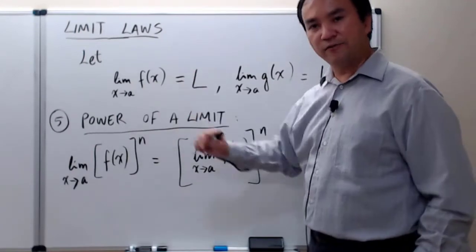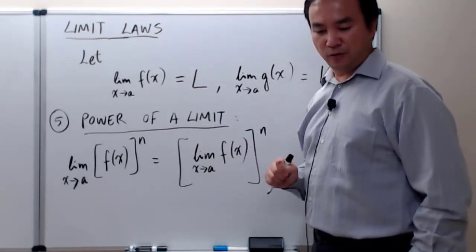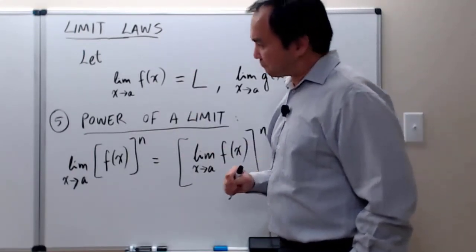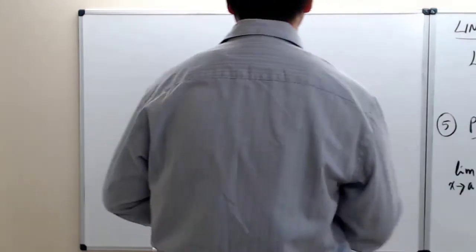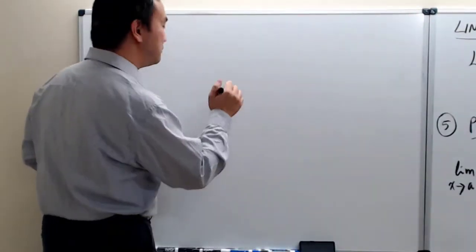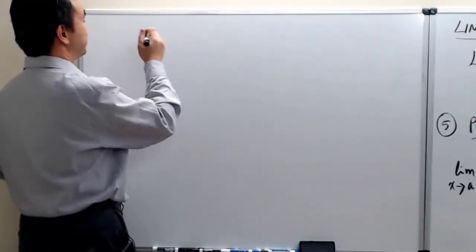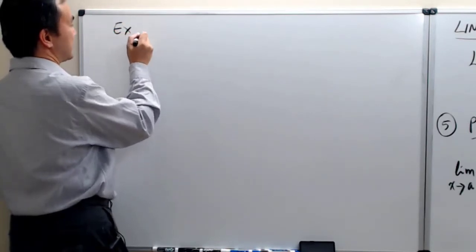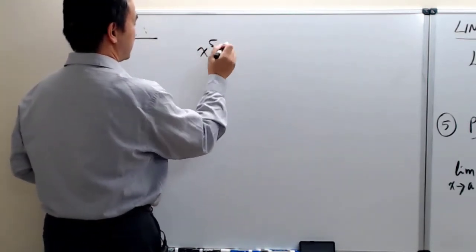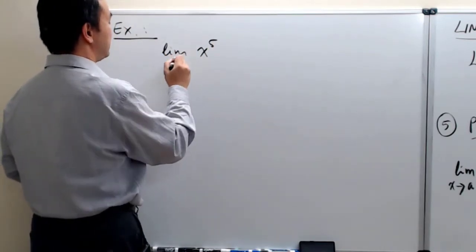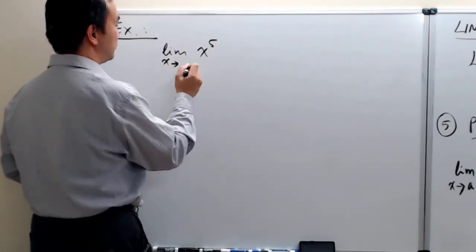So we are now ready for seeing some illustration examples. For that new law, law number 5 here, let me come up with some quick examples. Let's say x to the 5th, and let's look at x coming to 2.